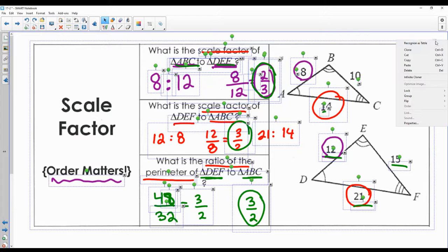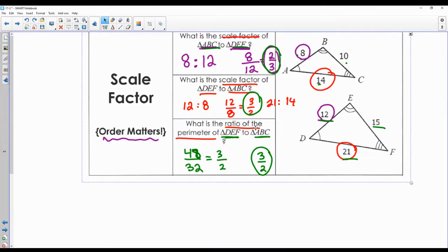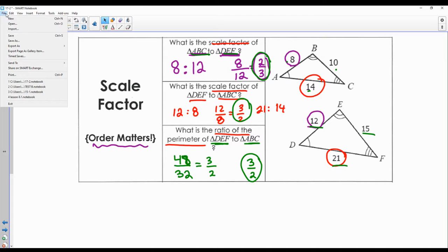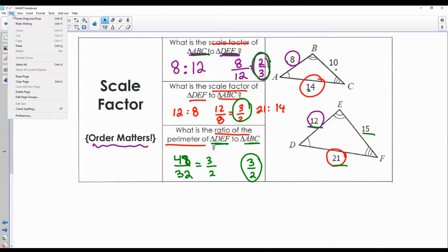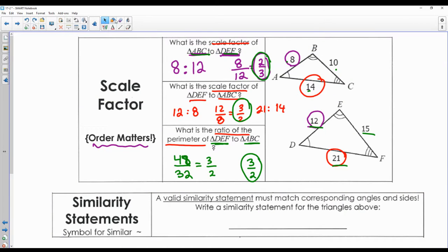And we're going to group these together, and make it a little bit smaller so that we can paste the statement down here. Okay. All right, we're still learning with this new software.